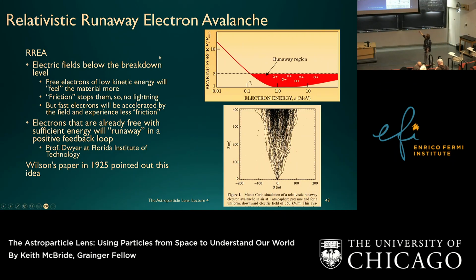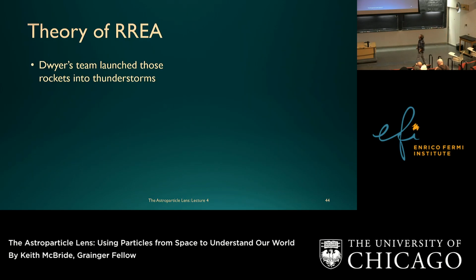And one of Dwyer's papers shows you the generation of upward lightning here, actually, right? For electrons at 1 atmosphere of pressure, where an electron has enough energy, and the simulation shows he can get many more electrons at that extreme energy inside of the thundercloud. But if he doesn't have that relativistic electron, this doesn't happen, right?